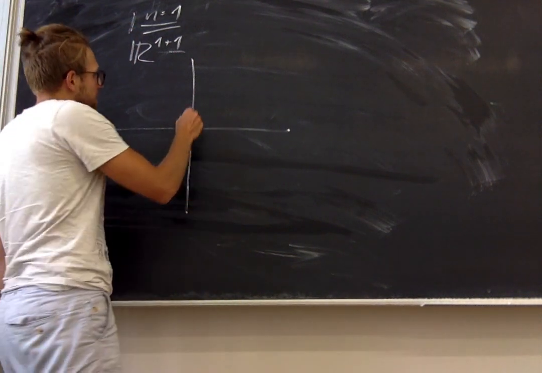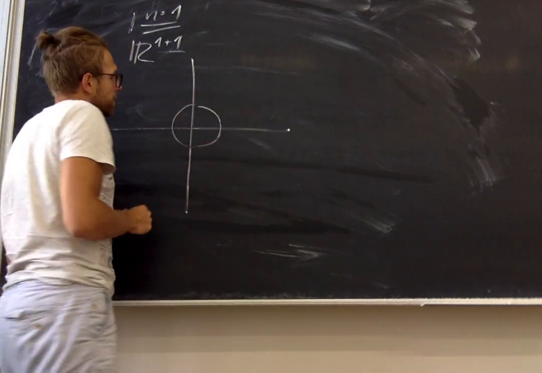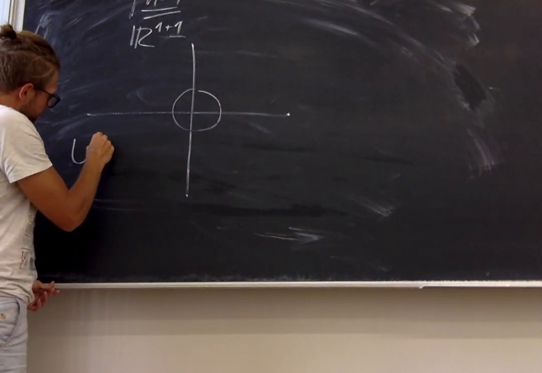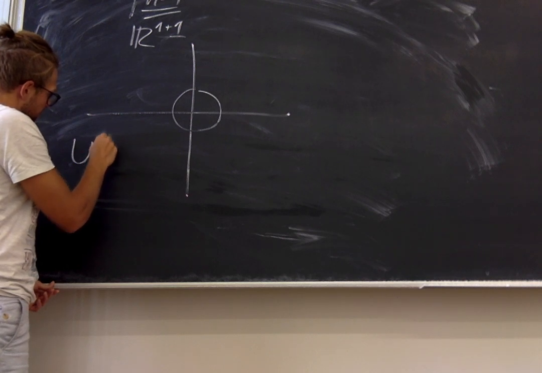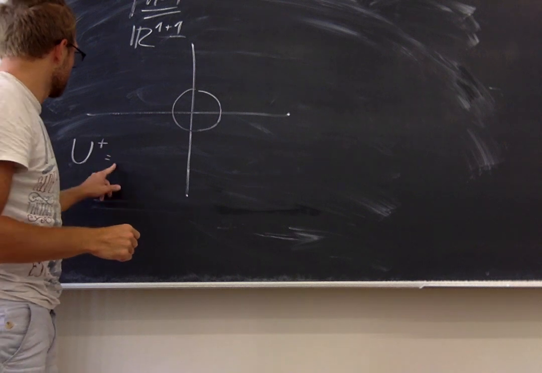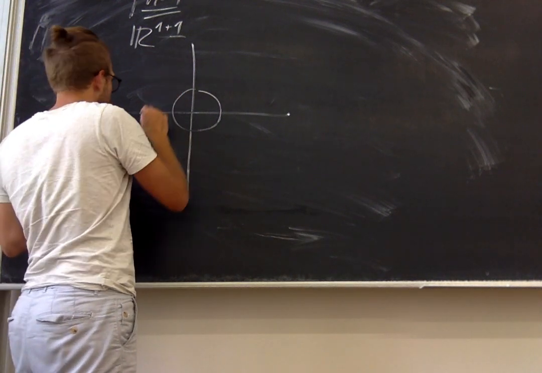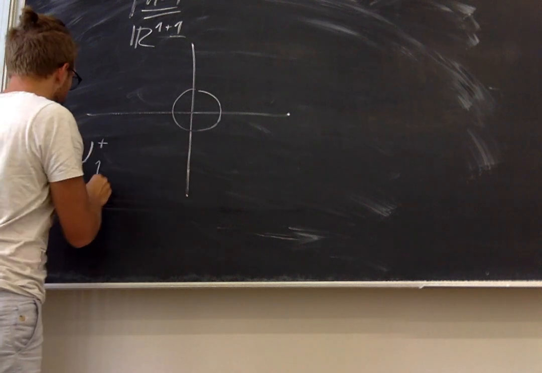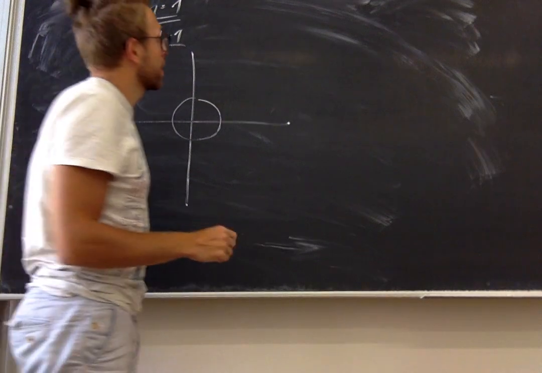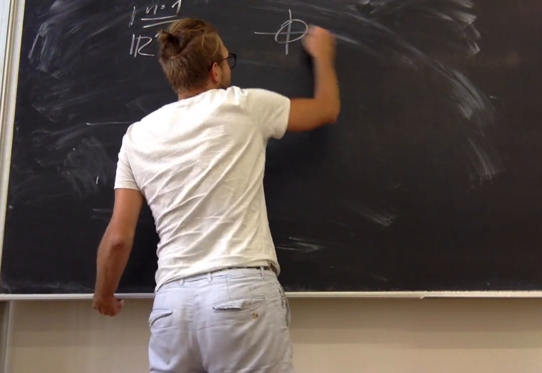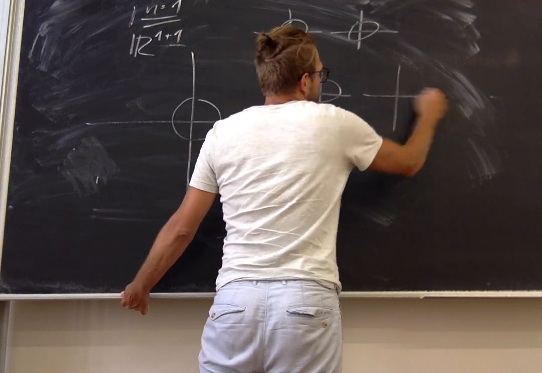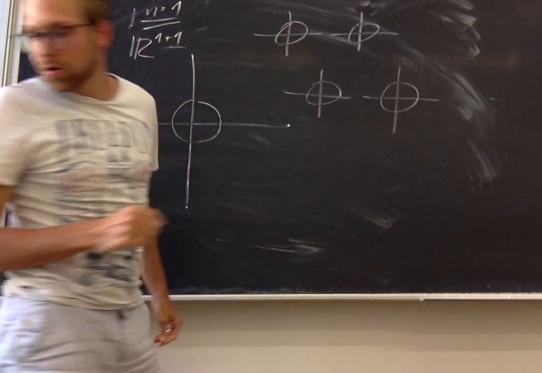So it's this, and we have a circle in here. What's U plus here? There's 4 of them. So maybe I better make 4 little icon-ish things here to show you the coordinate neighborhoods, or what are they called?